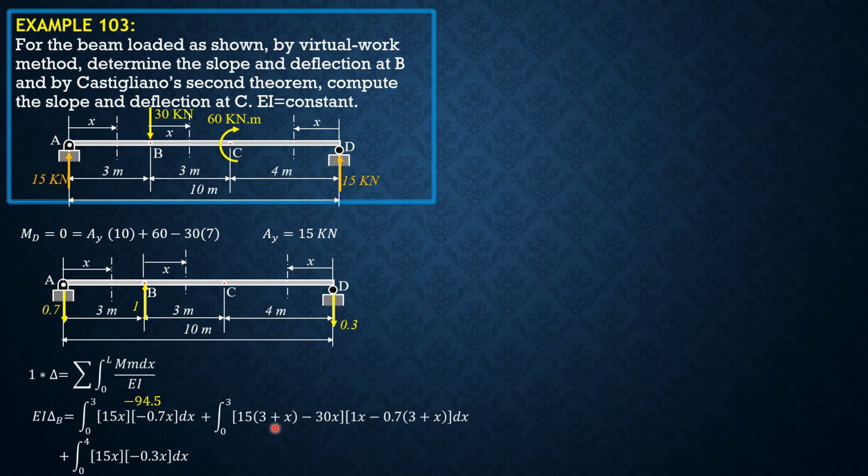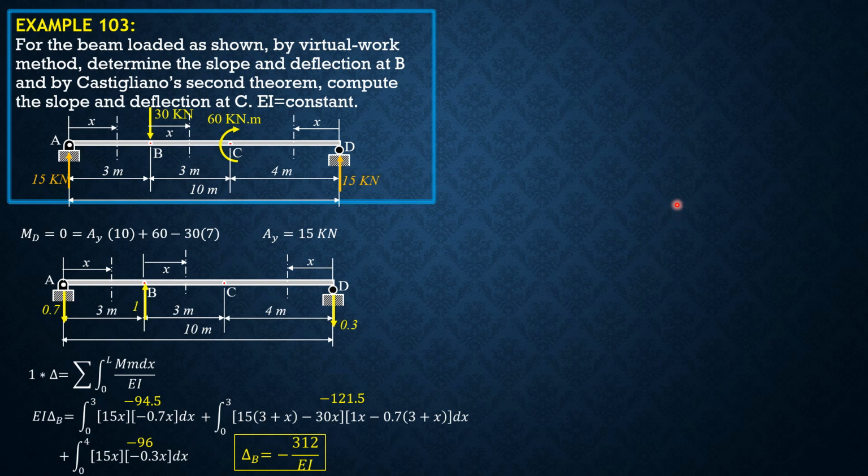For the next integral, we may simplify it before we integrate, but the value is equal to negative 121.5. And for the third, this is simply negative 4.5x squared dx. So the integral from 0 to 4 is negative 96. So combining, delta B can now be computed, and it is equal to negative 312 over EI.